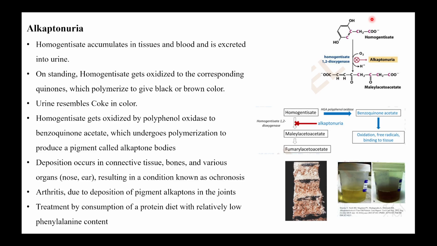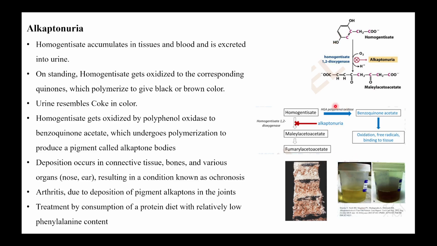On standing, the homogentisate gets oxidized to corresponding quinones, which polymerize to give black or brown color. So if we keep homogentisate for some time undisturbed, it will turn into a black or brown color due to the quinone formation. So these OH groups will get converted into double bond O ketone groups.